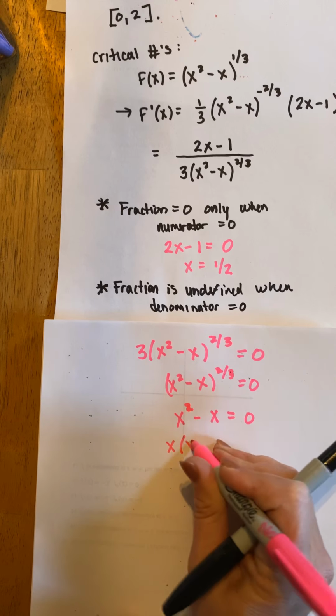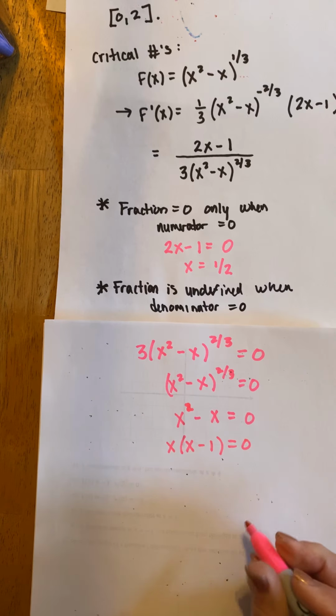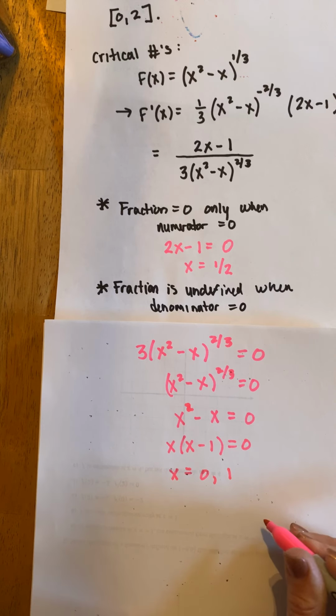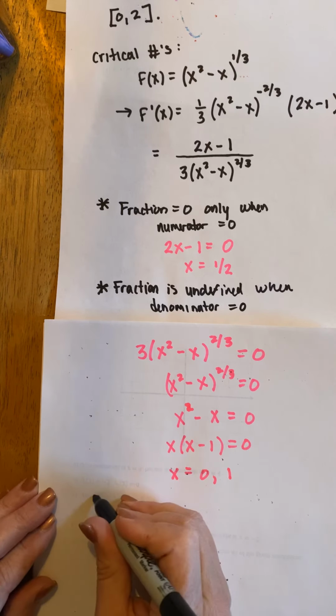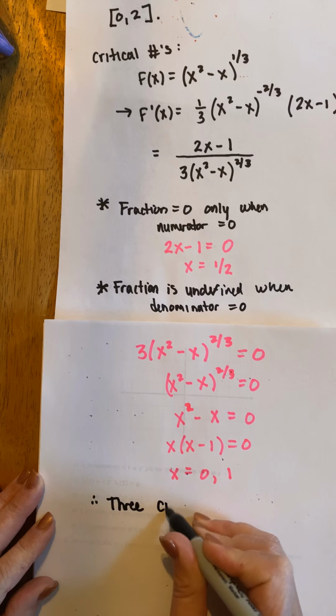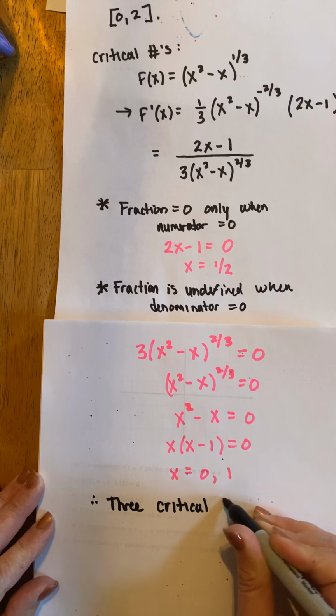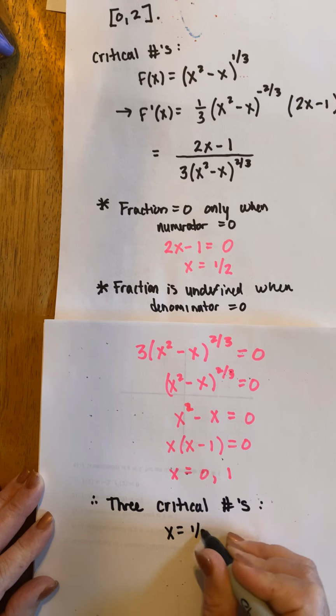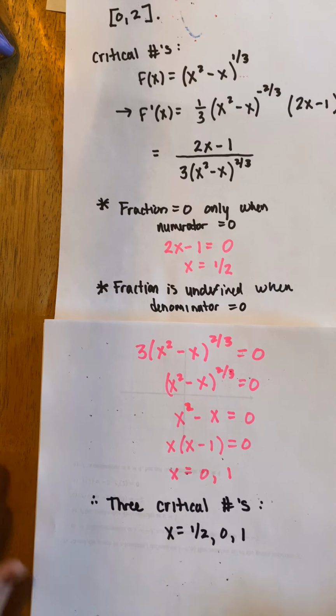Now I can factor out the x. So then we get x is equal to 0 and 1 are my other critical numbers. So therefore we have 3 critical numbers: x is equal to 1/2, 0, and 1.